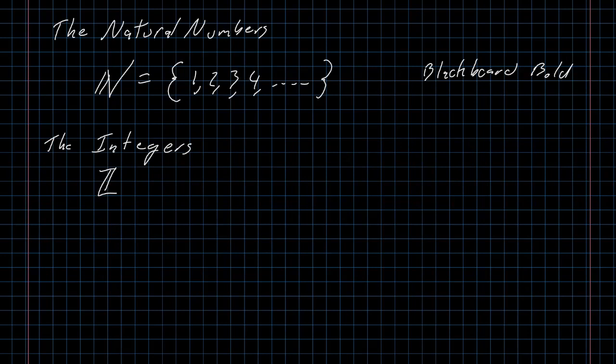I guess also in that is that German mathematicians were the ones who were really starting to establish the ideas of set theory when the formal foundations of mathematics were being developed. And the integers are the positive or negative numbers. So instead of going off forever in one direction, it goes off forever in both directions. But listing out all of the elements like that seems to be pretty reasonable.